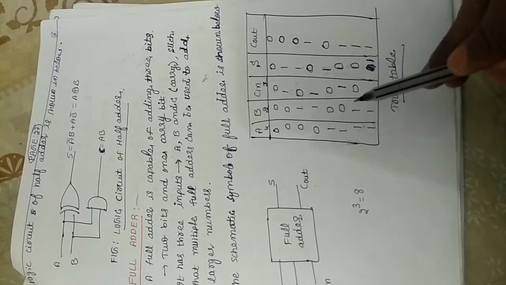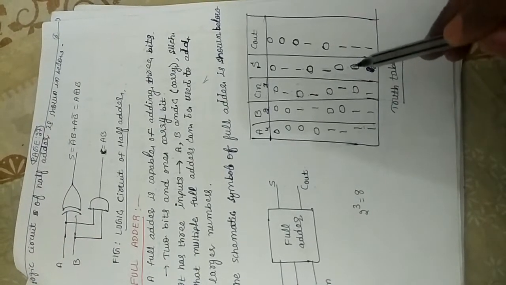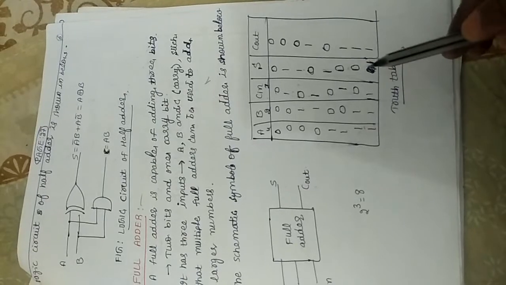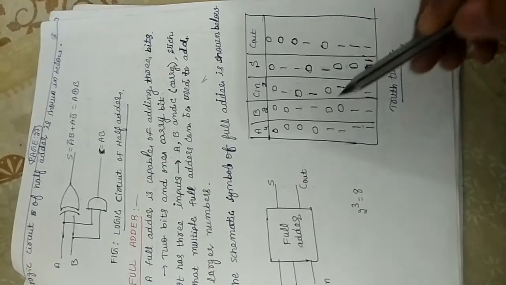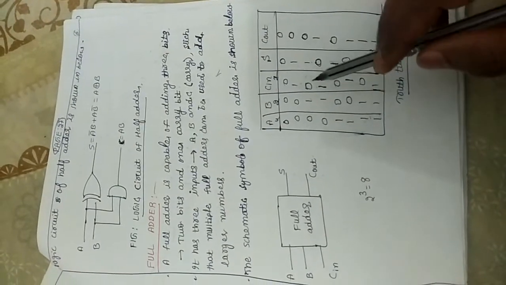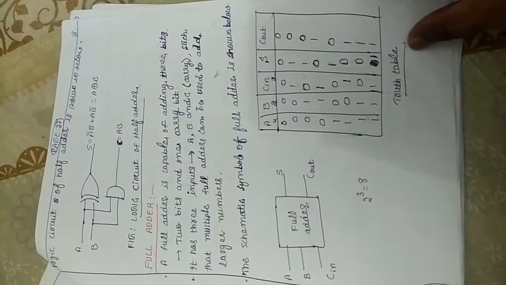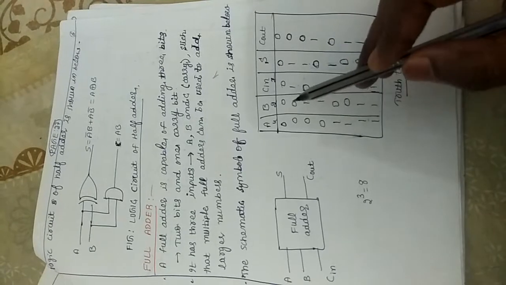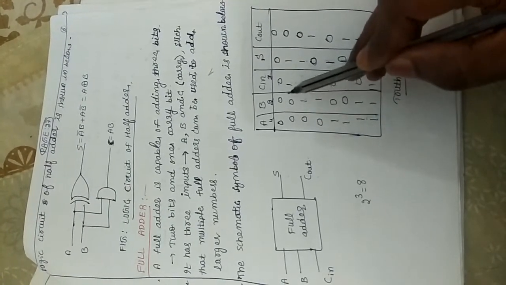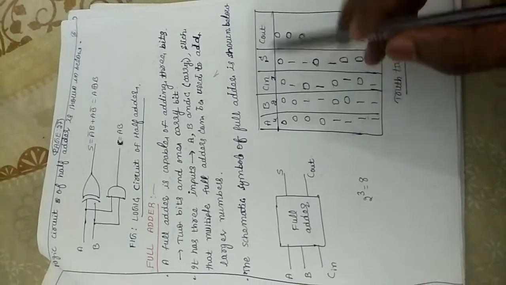In a similar way, 1 plus 1 means 0, carry 1. Like that you have to analyze for all the combinations. This is the truth table for the full adder. Means here you are performing the arithmetic operation for the addition of 3 bits at a time.